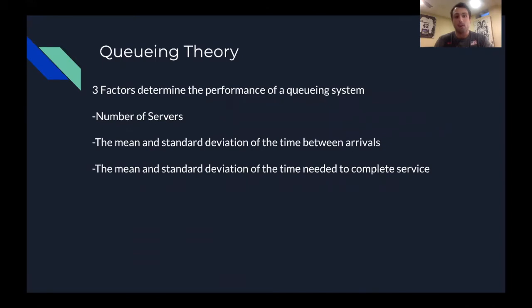Following that is the mean and standard deviation of the time between arrivals. As the average time between arrivals increases, the number of arrivals decreases. And an increase in the standard deviation of intervals actually degrades the performance of the queuing system. Finally is the mean and standard deviation of the time needed to complete the service.